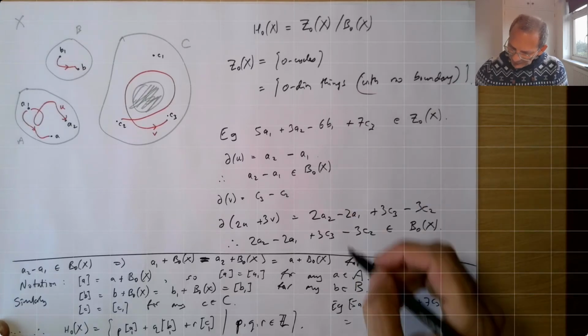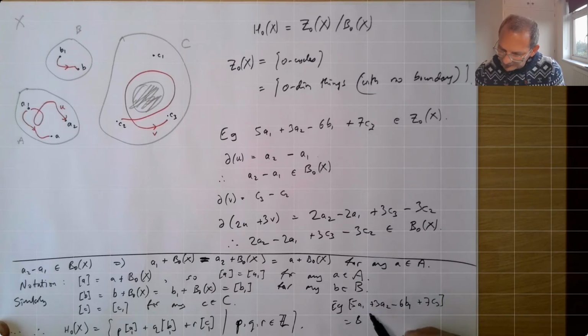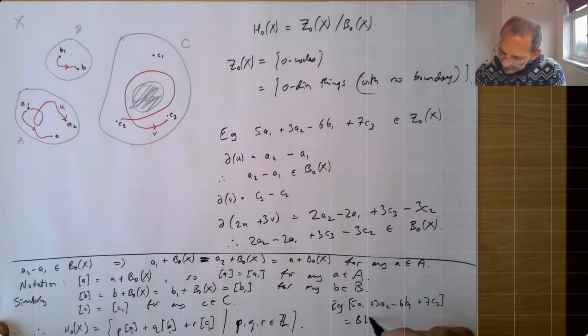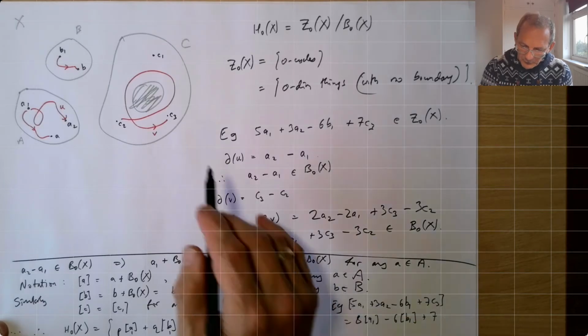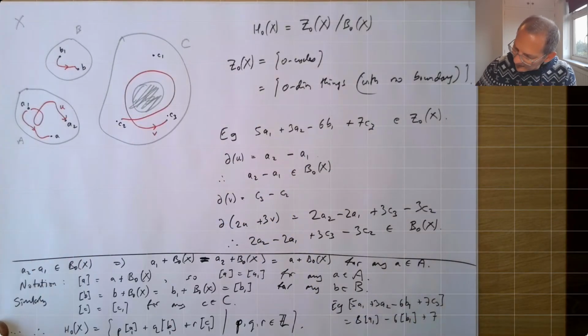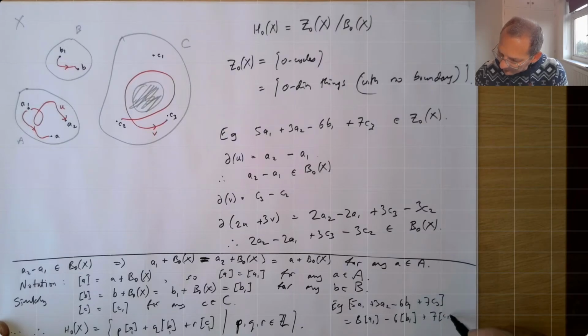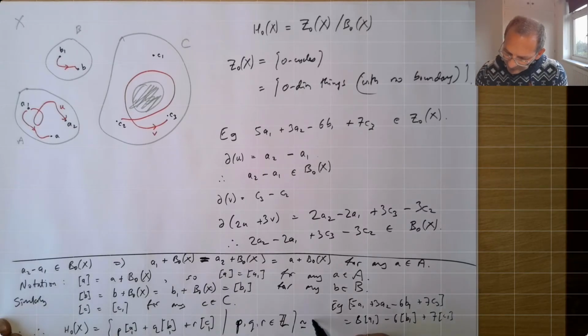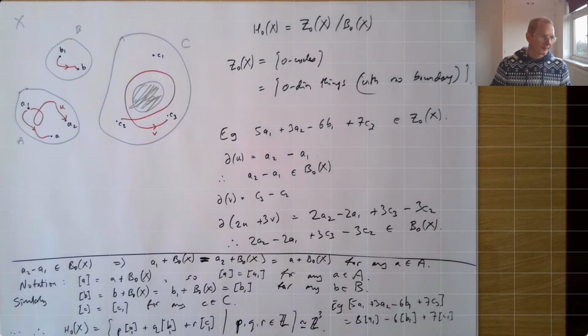This gives us a coset, but you've got 8 things in A, and they all count the same, so that's 8 square bracket A1. And then 6 square bracket B1, and then you've got 7. It was C3, but C3 is the same as C1 here, so that's 7 square bracket C1. Okay, so every element in H0X can be expressed in this form. So this is just isomorphic to the group Z cubed. Okay. And of course that's completely general.